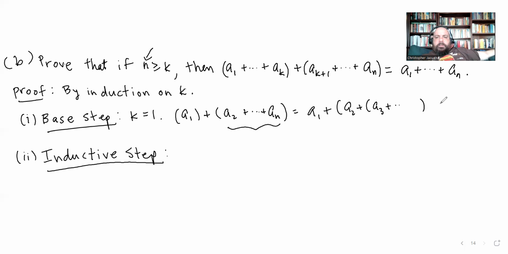So this is actually a1 plus an by the star thing. Okay, so that shows that the base step is satisfied.